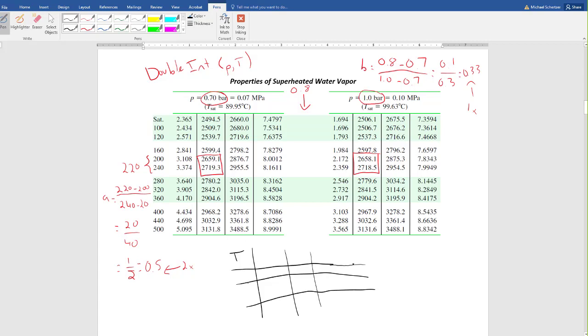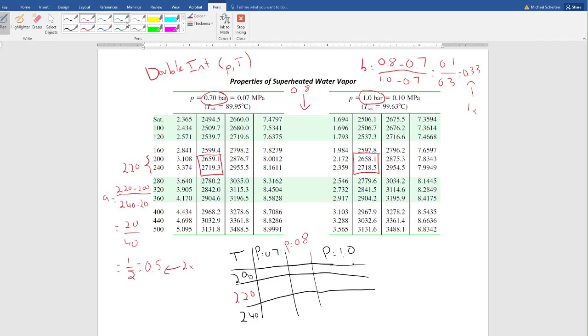So here, 200 degrees and 240 degrees, and the temperature we're looking for is 220. Now, I have a pressure of 0.7 and a pressure of 1.0, and what I'm looking for is P equal to 0.8.